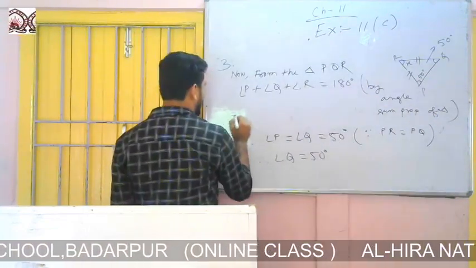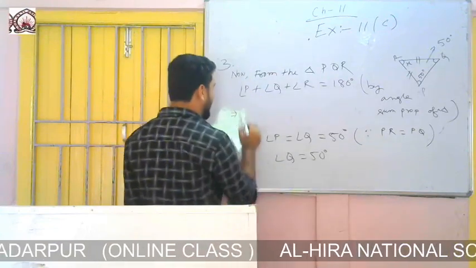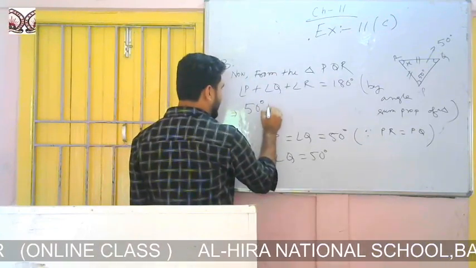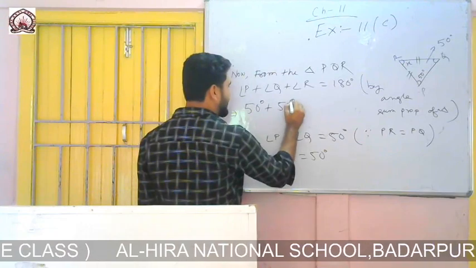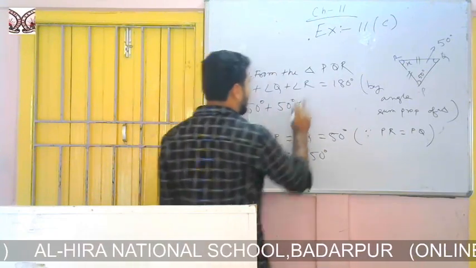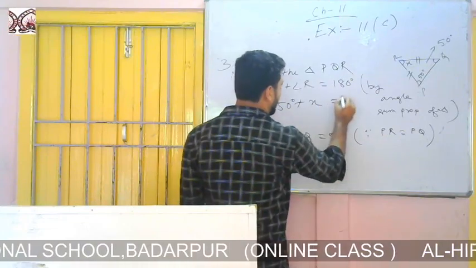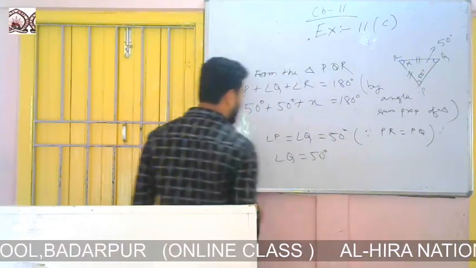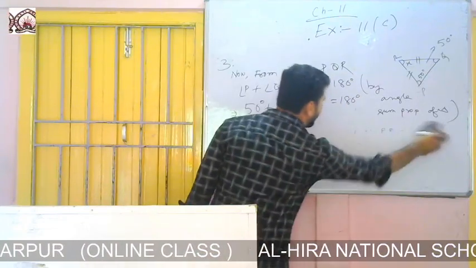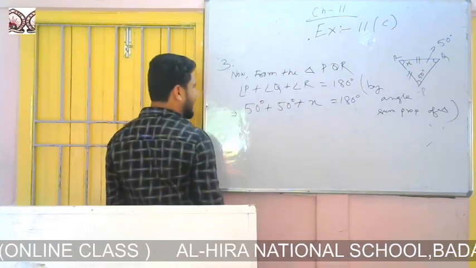So in place of angle P I can write 50 degrees, in place of angle Q also 50 degrees, and in place of angle R I can write X, equals 180 degrees.